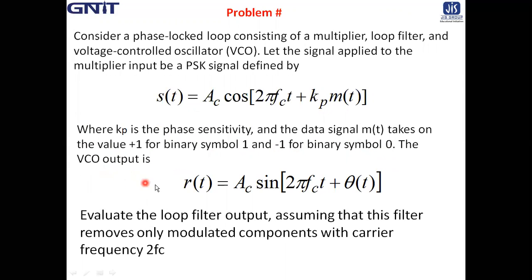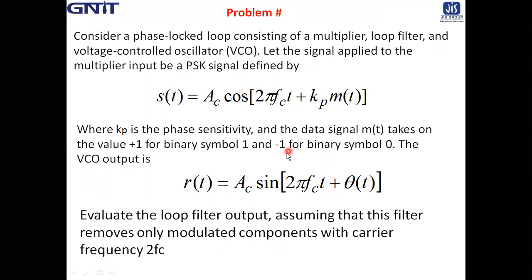So the VCO output is like that, RT equal to AC sine of 2 pi FCT plus theta t. Now evaluate the loop filter output, assuming that this filter removes only modulated components with carrier frequency 2fc.